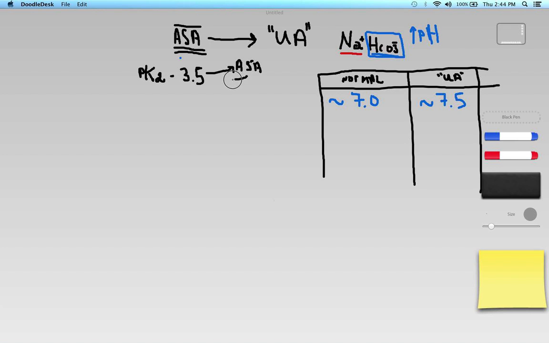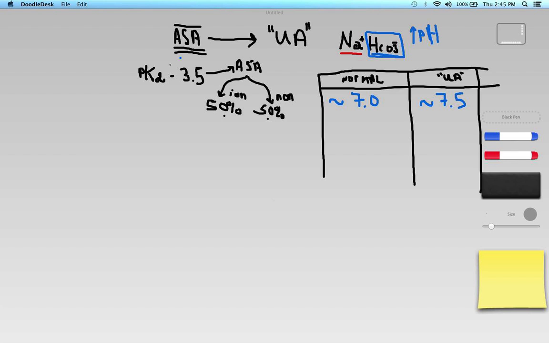at a pKa of 3.5, I would have 50% of that aspirin in its ionized form and 50% in its non-ionized form. So I would have a 1-to-1 ratio. That means at a pH of 3.5, 50% of the aspirin would be able to penetrate membranes, the non-ionized form, and the other 50% would not be able to, being in its ionized form.